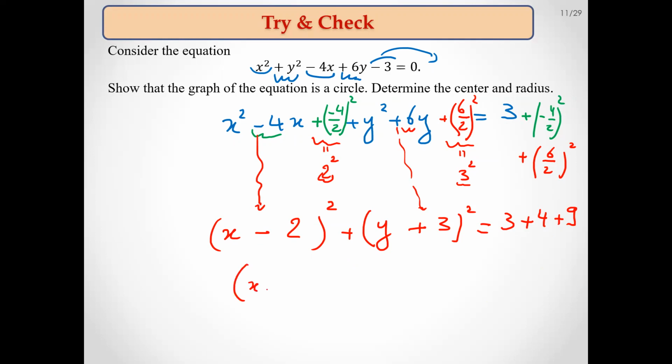So finally the standard form is x minus 2 squared, y plus 3 squared, equals 16.